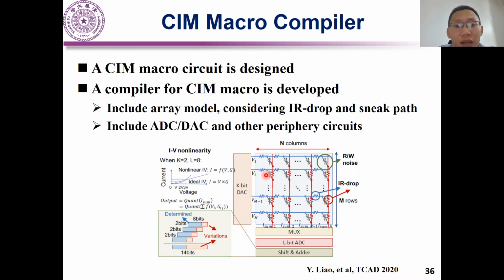We also designed the periphery circuits such as ADC, DAC, MUX, SFU, shift adder, and so on, and include this circuit model in the compiler. The ADC and DAC precision and other circuit constraints are all included. So with this compiler, we can get the performance of the CIM circuit. This is for the micro circuit with different parameters, to find the best design space.